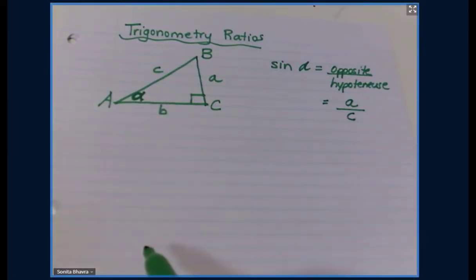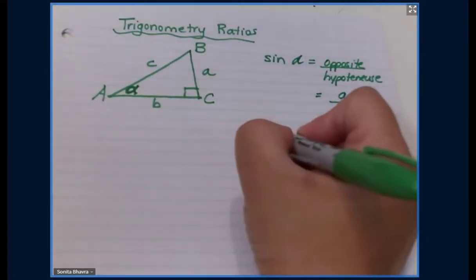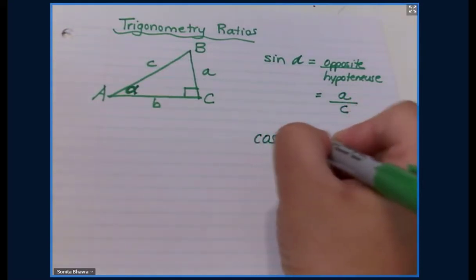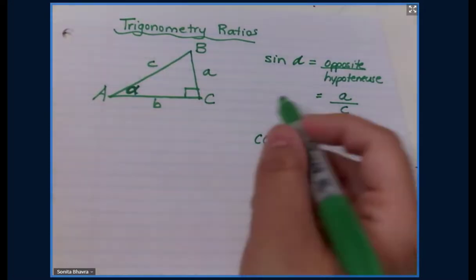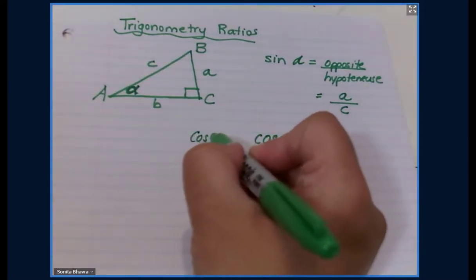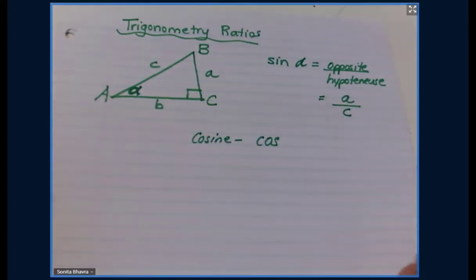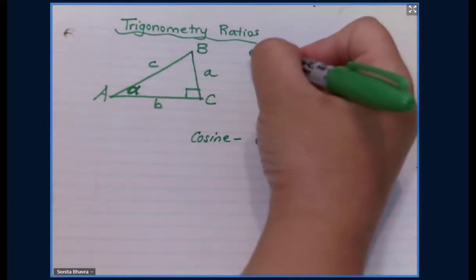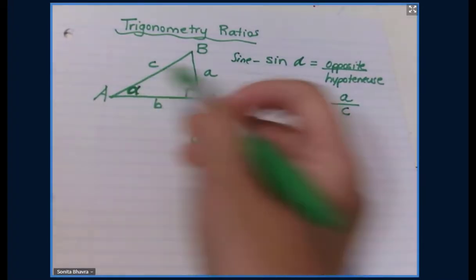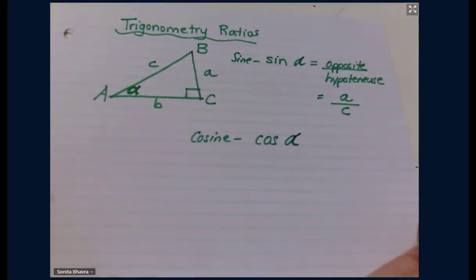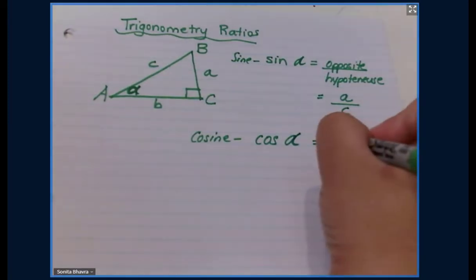If we look at next the cosine ratio, it's called cosine or COS for short. I'll just write it here. So cosine, which is shown as cos, and then this one is just sine, S-I-N-E, or S-I-N for short. And we're still looking at this angle here. The cosine ratio is the side adjacent.